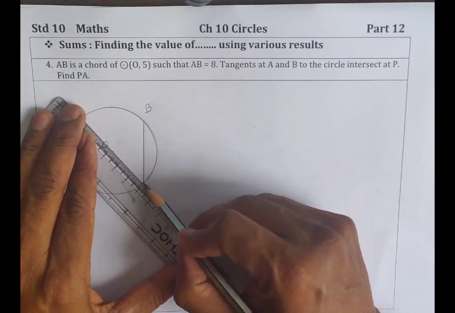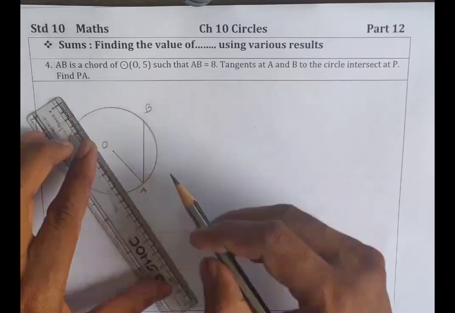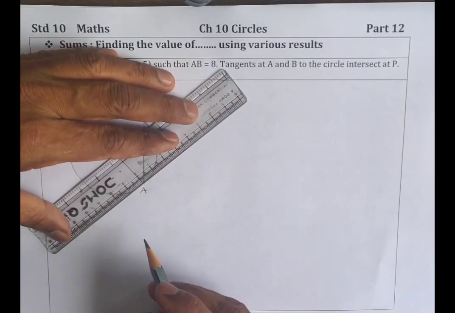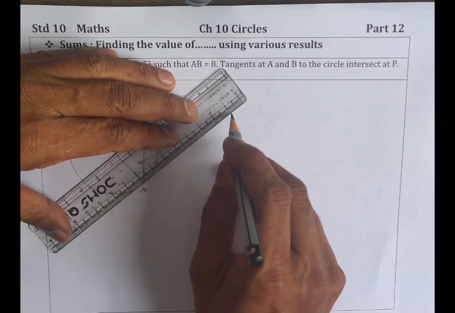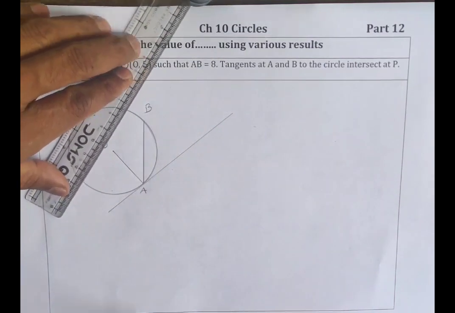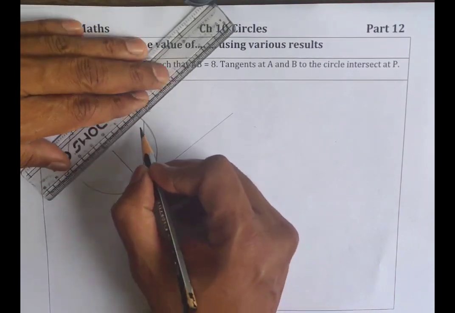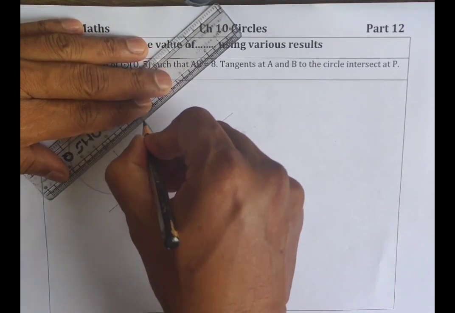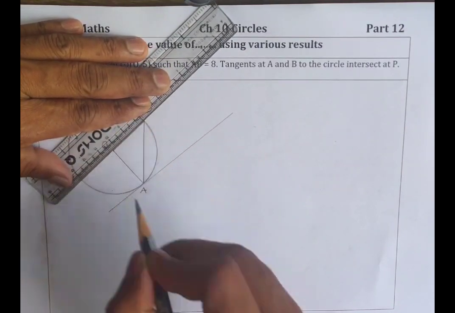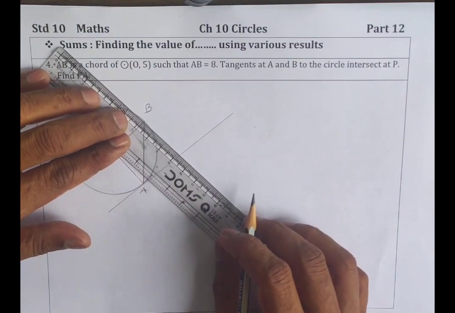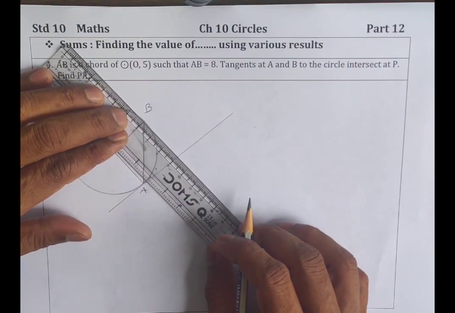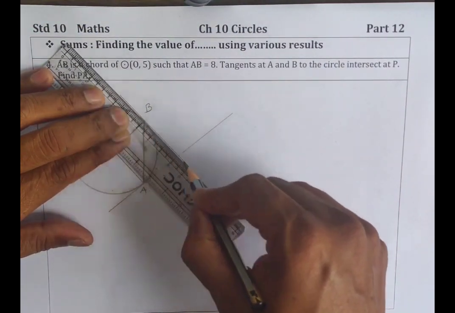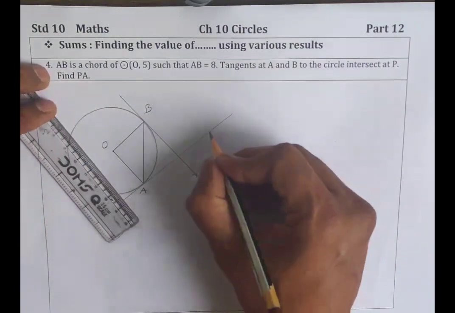To draw the tangents, I'll draw the radius first so that I can draw a line perpendicular to the radius. This is the tangent at A. Now I want the tangent at B. So let me draw the radius from B and a perpendicular that we can draw easily, right? So this is another tangent.